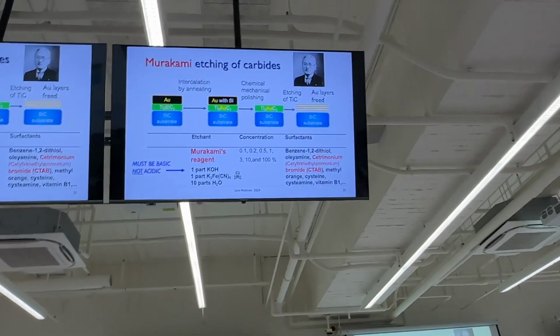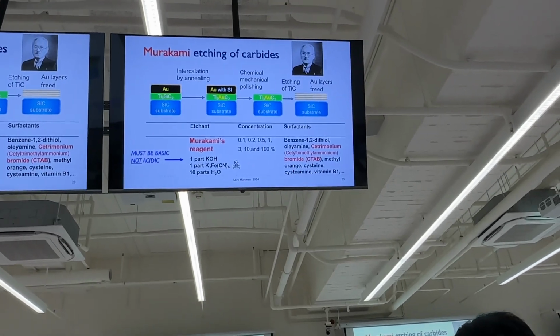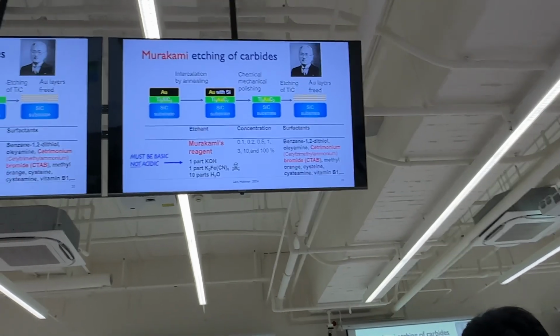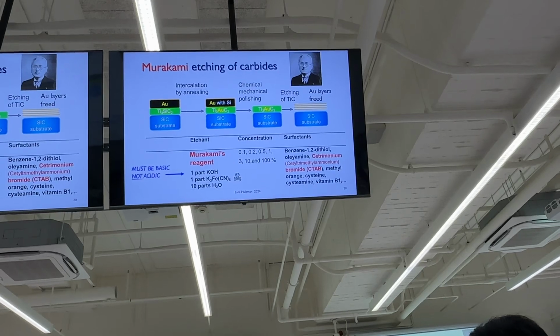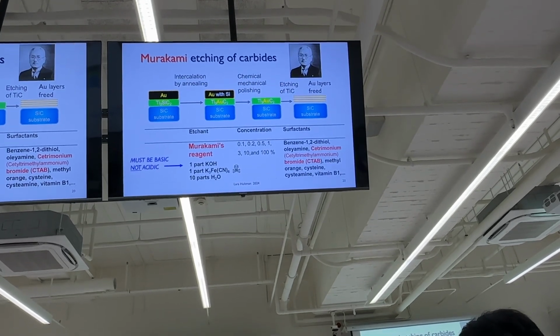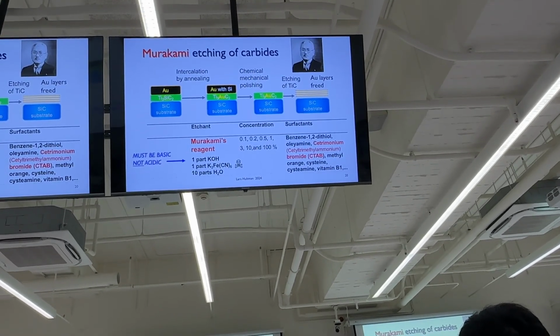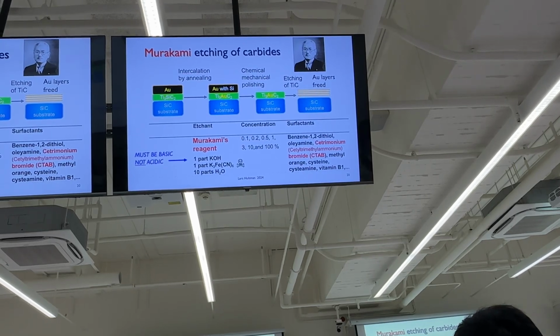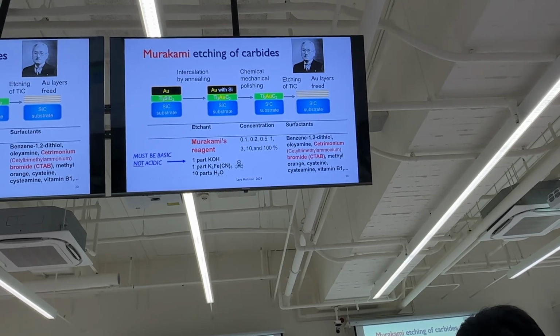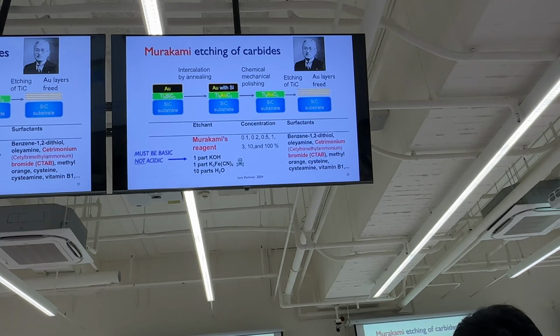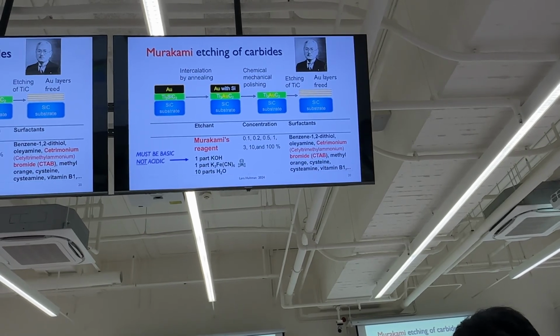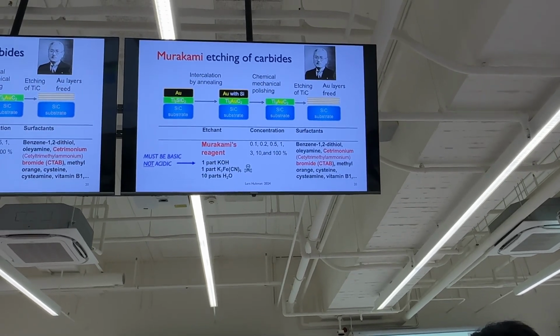Carbides are difficult to etch. There are etching recipes for alloys, steels, so that you can do metallographic work in an optical microscope when you need to etch the surface to see patterns, which are the phases.